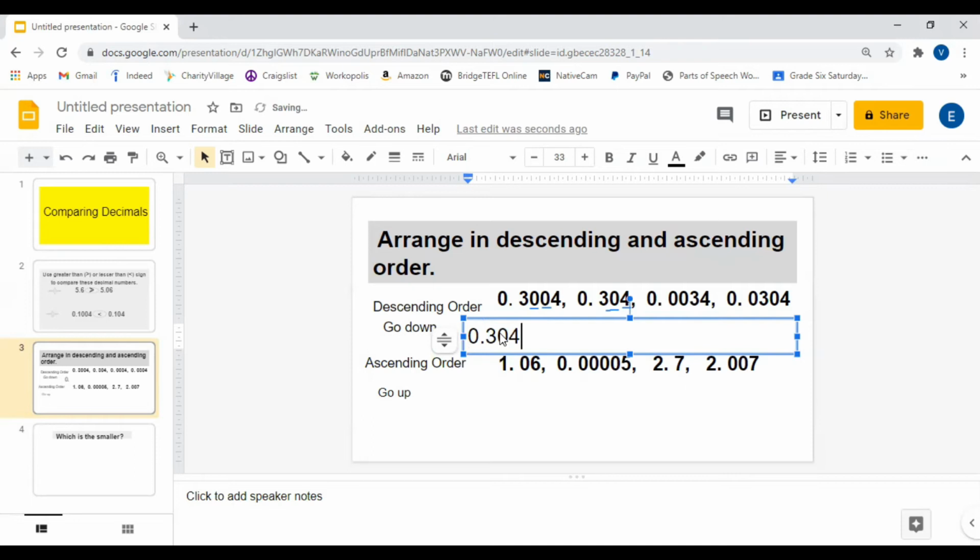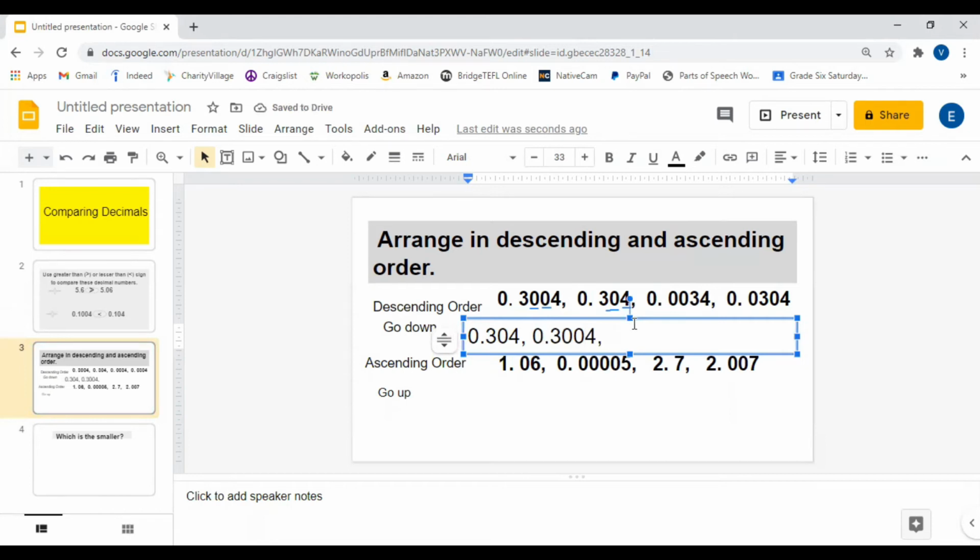So I'm going to put here 0.304. And definitely this one is going to be the second one, because for the rest of them, the first digit is 0 for all, but the second digit for these two is 0. So I'm going to use this one, 0.3004, as the second largest number.